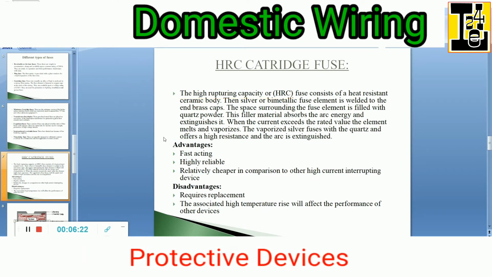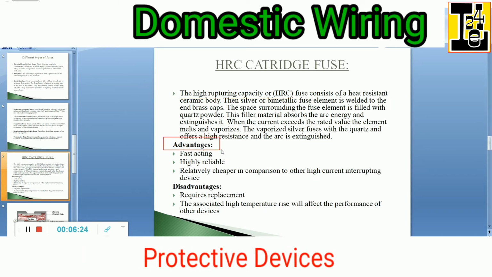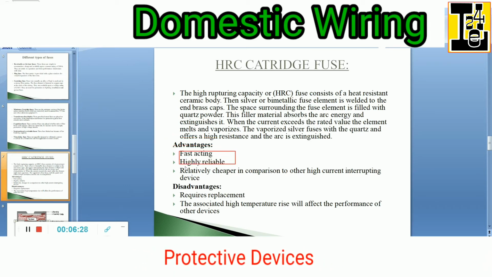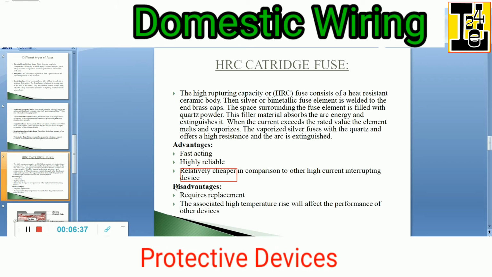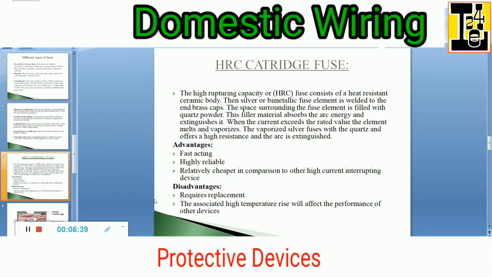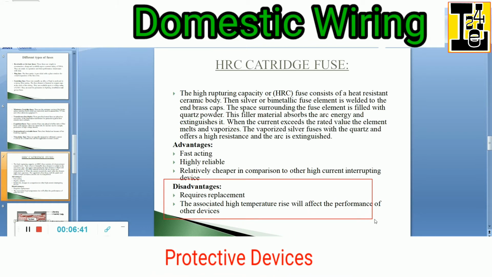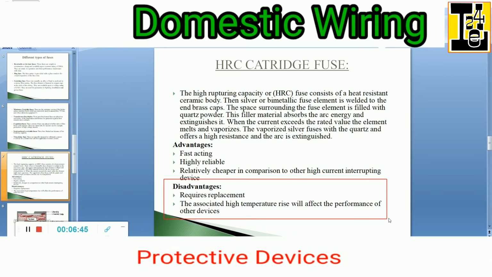Advantages of the HRC fuse are fast acting, highly reliable, relatively cheaper in comparison to other high current interrupting devices. The disadvantages of HRC fuse are it requires replacement after every use.